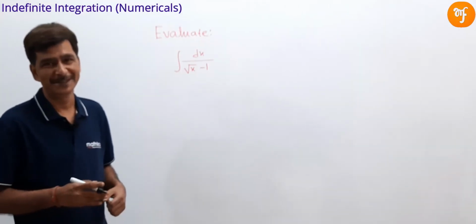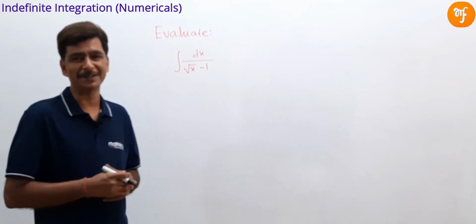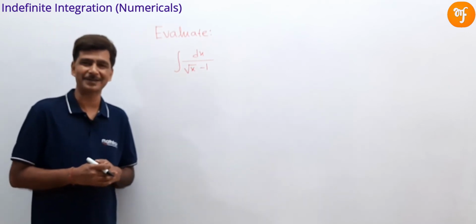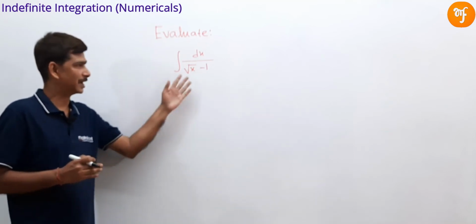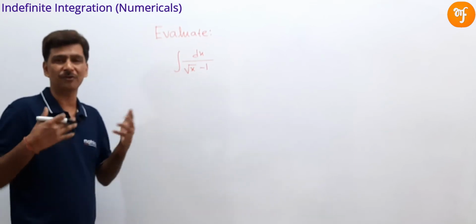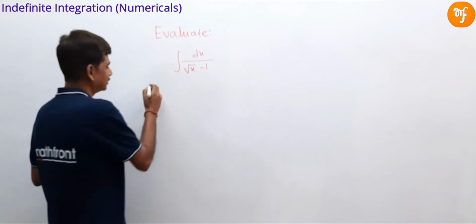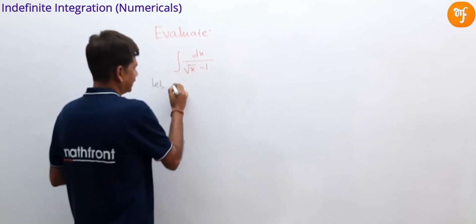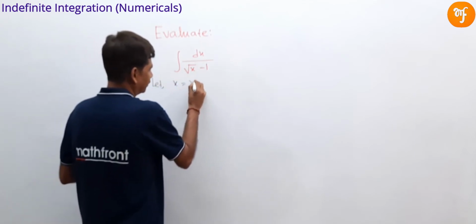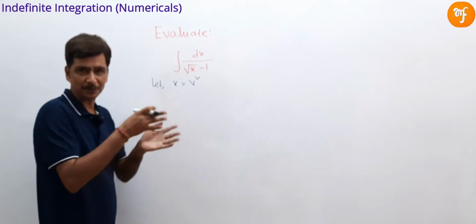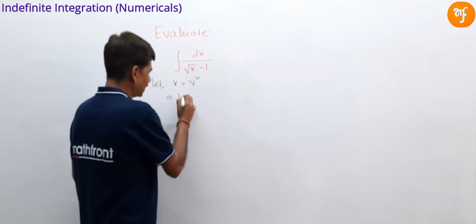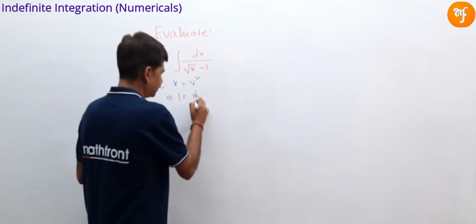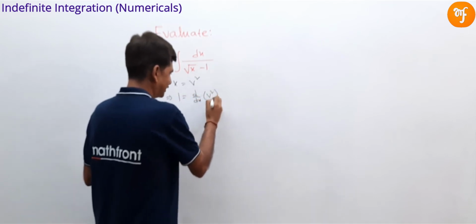So friends, come to another question, that is the integration of dx divided by square root of x minus 1. To solve this numerical, we'll first assume x is equal to v square. Okay, so let's start. Let x is equal to v square. Now differentiating both sides with respect to x. So d dx of x is 1 is equal to d dx of v square.